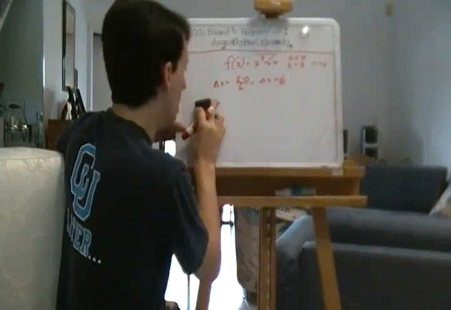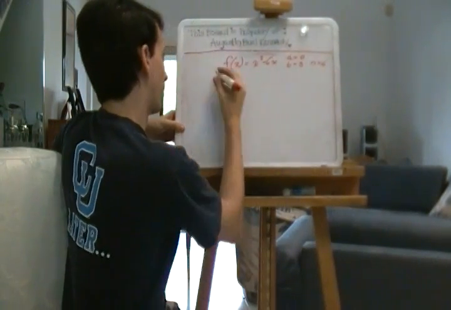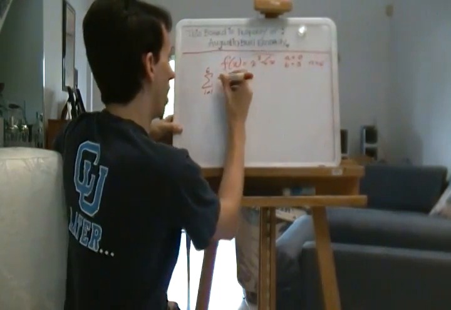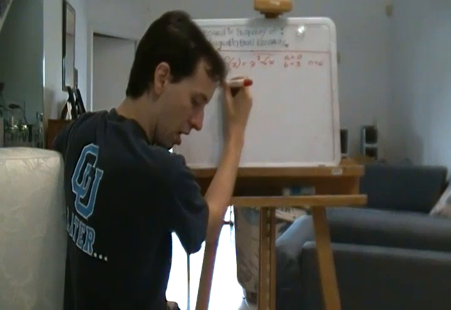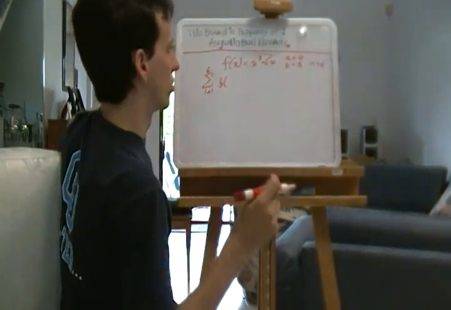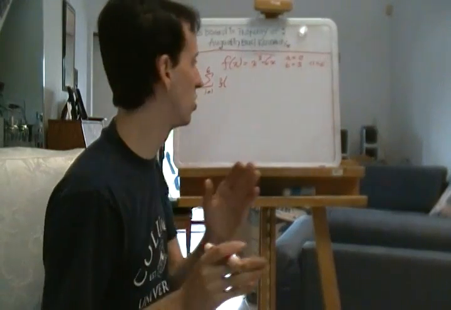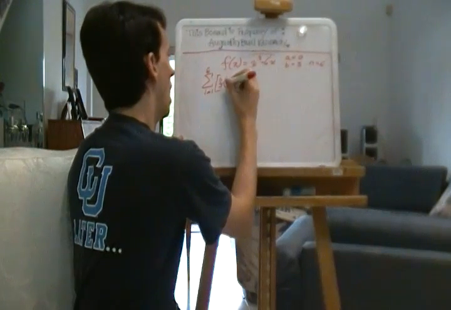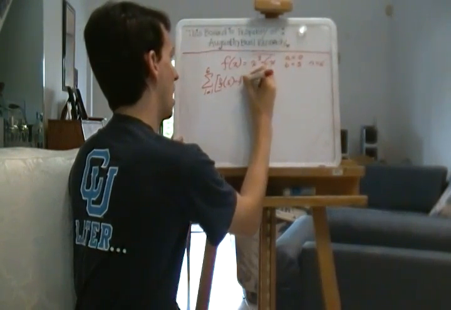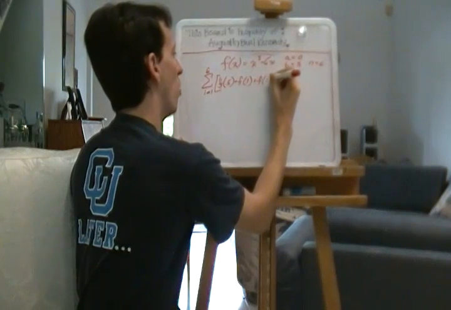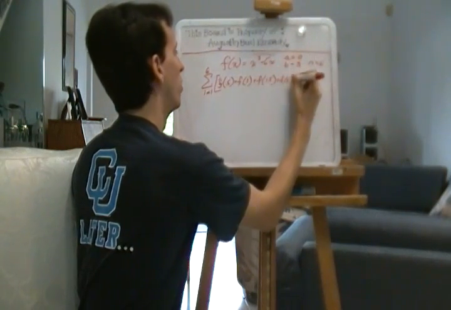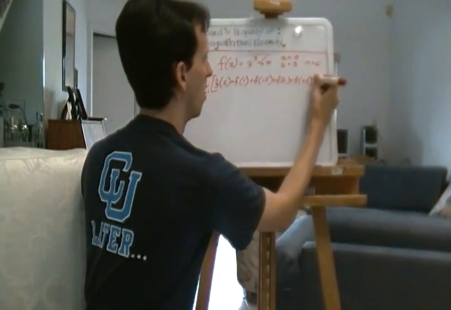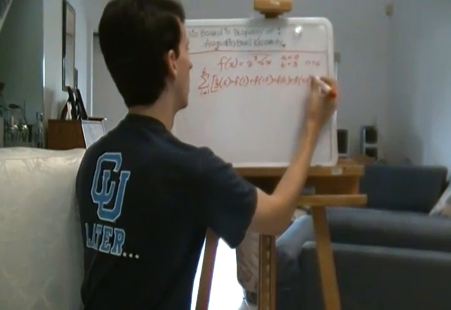So what we're basically saying here is this Riemann sum from 0 to 3 is going to be f using right-hand endpoints. If we break it up by a half each time, we're not going to start with 0, we're going to start with f at a half. f of 0.5 plus f of 1 plus f of 1.5 plus f of 2 plus f of 2.5, and we go up to 3, plus f of 3.